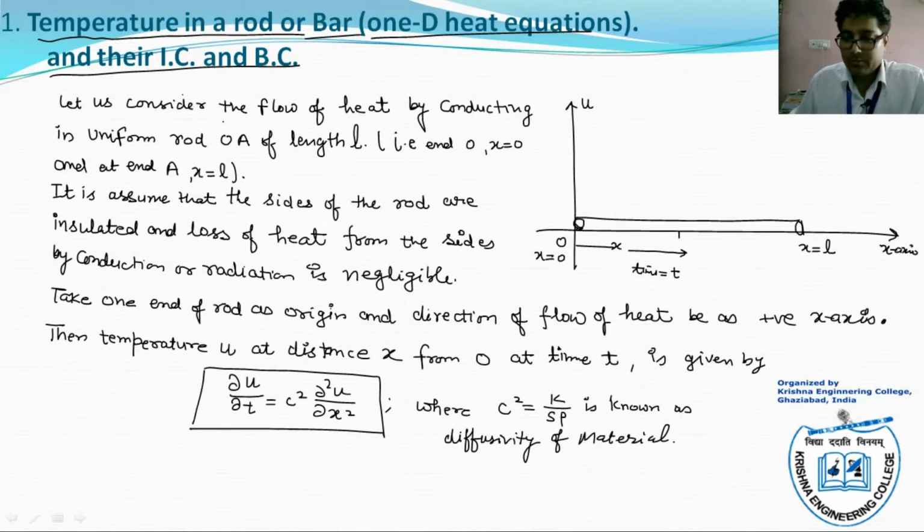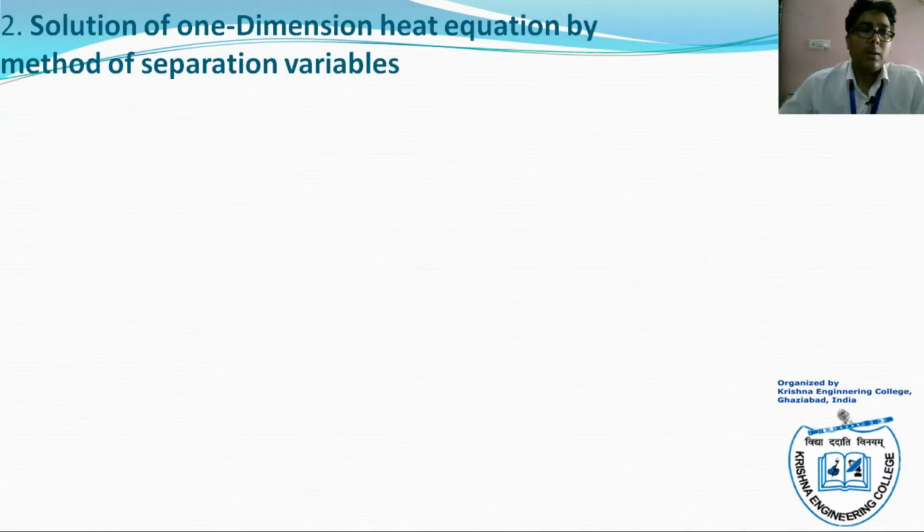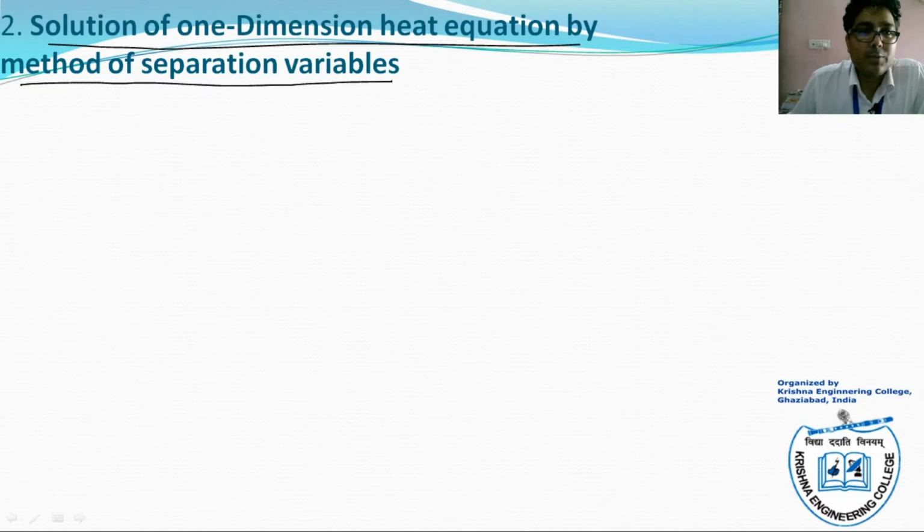This equation is known as one dimensional heat equation. Clear? Now we learn about the solution of heat equation with the help of method of separation of variables.